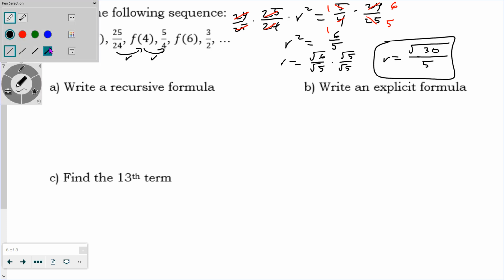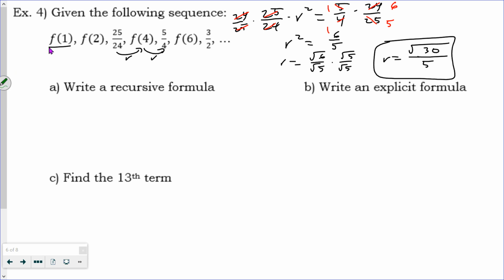But to figure out my recursive formula, I need to know what f of 1 is going to be. So if I look at this sequence again, I know if I take 25 over 24 and divide by r 2 times, I get f of 1, right?